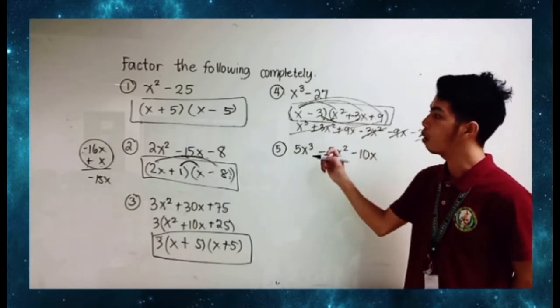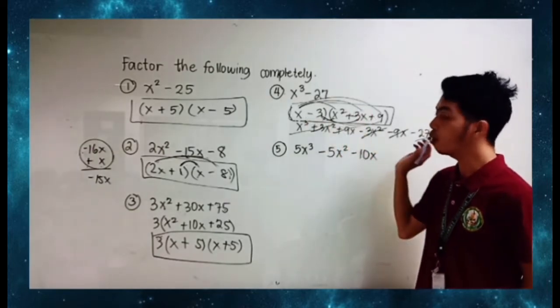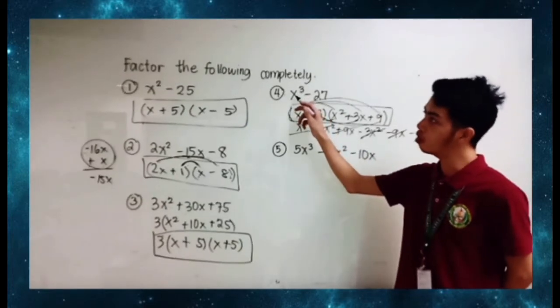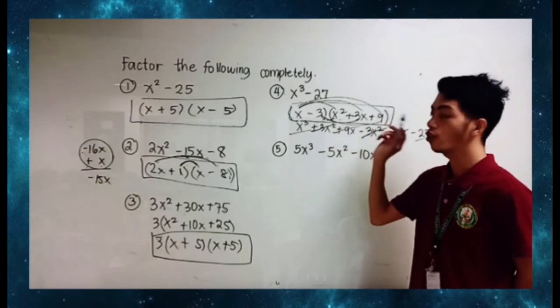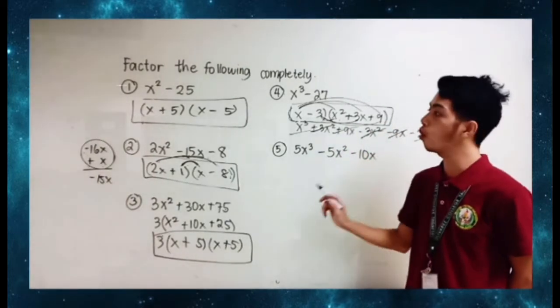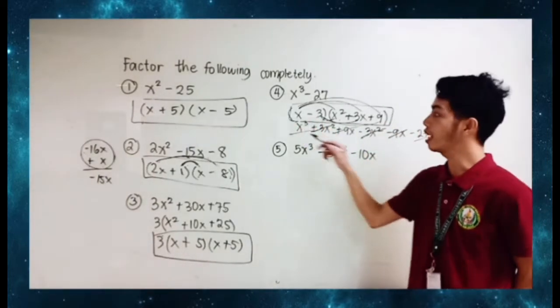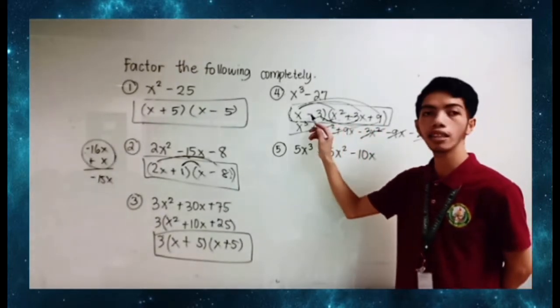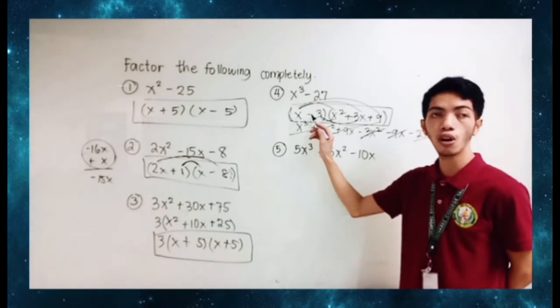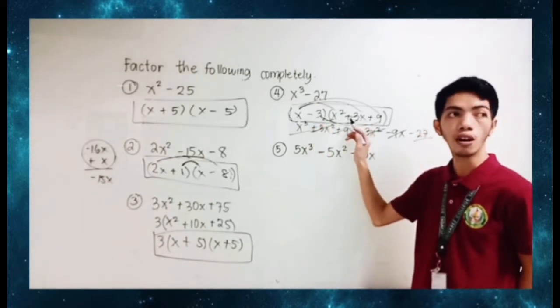Now, para makuha yung trinomial niya, i-divide nyo muna si x cubed by x. You have x squared. And then, yung second term lang, i-multiply mo si 3 by x. So that is 3x. Ano magiging operation ng gitna nito? Kung anong kabaligtaran ng operation dito, yun ang ilalagay mo dito.